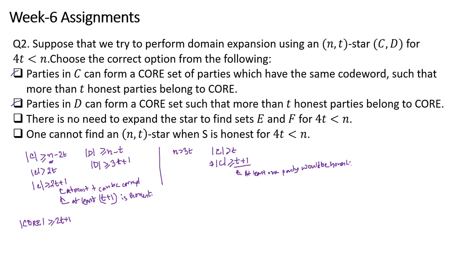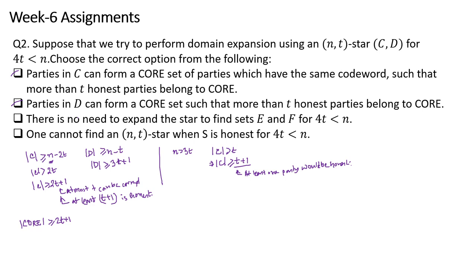The third option says there is no need to expand the star to find sets E and F for 4t less than n. Clearly we went for expanding CD to E and F respectively because our C and D did not have the sufficient cardinality to be declared as a core set, right?